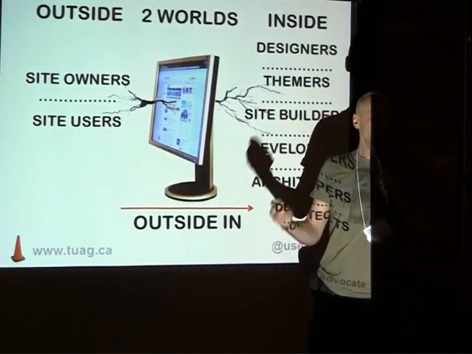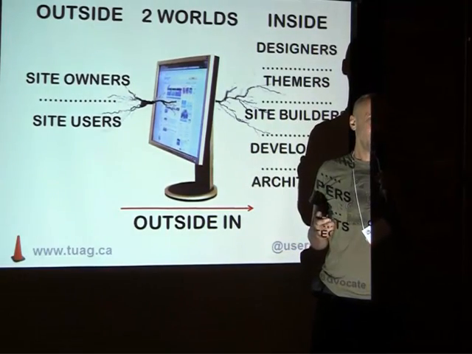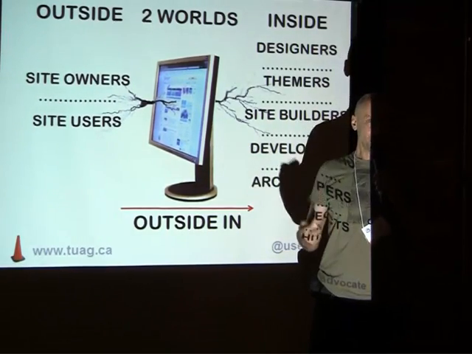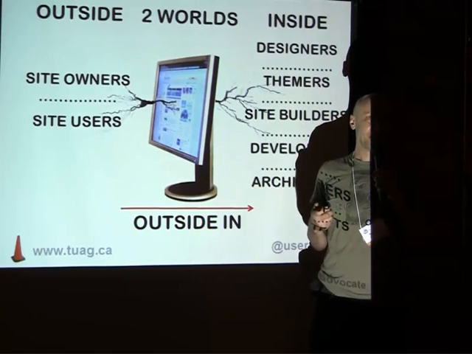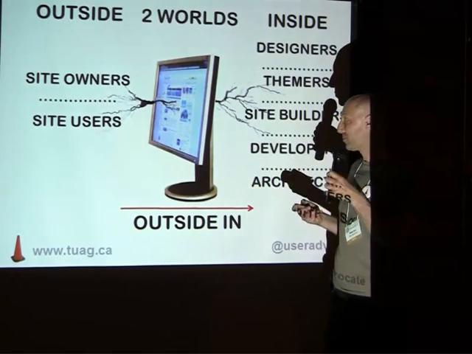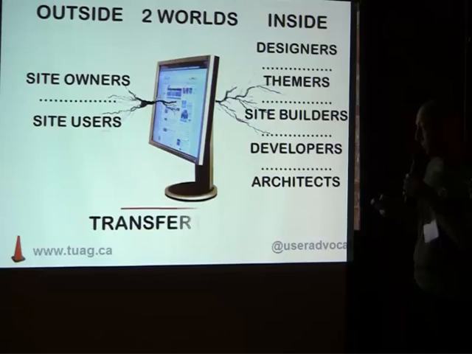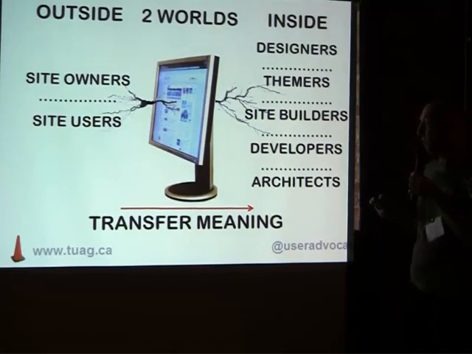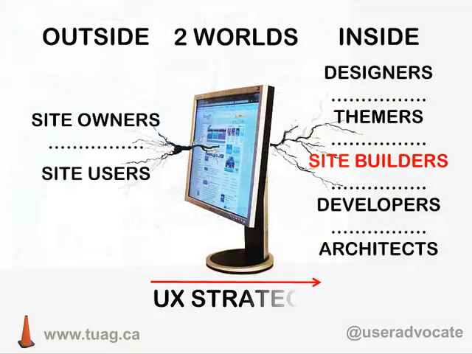And I think that is what's holding us back in terms of becoming a truly powerful content management system. We need to have a way of transferring meanings into these contexts here. What I refer to that as is UX strategy. Right now, within the Drupal community, as far as I can tell, there is no place to actually capture UX strategy and build it.